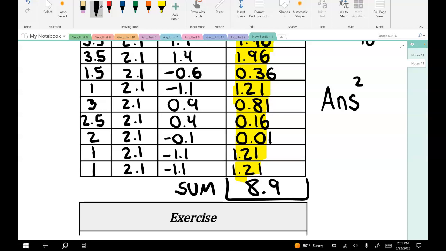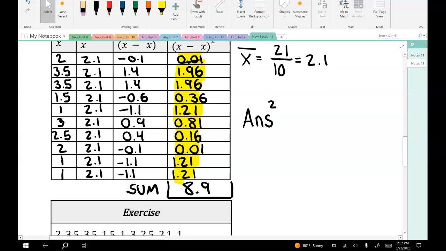With that 8.9, right now in the steps we're on step 4. We have to find the mean of all of our square deviations. So we're taking now this 8.9 divided by 10, because that's going to give us the mean of the yellow highlighted column.